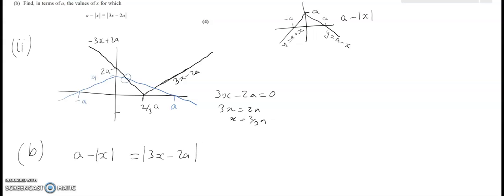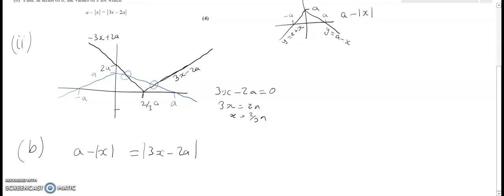And we can see that there are two intersection points, but both of them are on the right-hand leg of my first graph. So when I want to solve these, I'm going to do a minus x, which is the right-hand leg, is equal to 3x minus 2a, and this is finding intersection point number 1, which I'm going to label there.